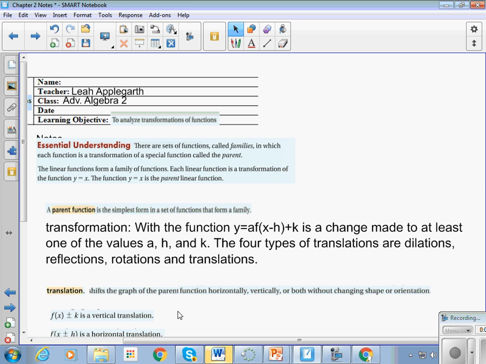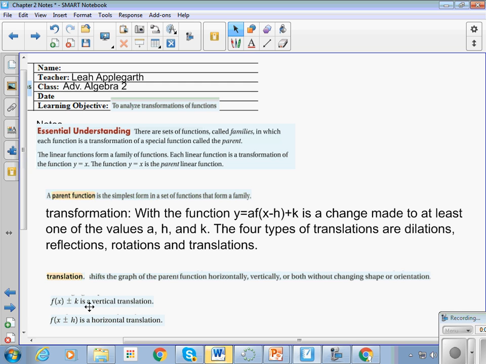A vertical translation takes your entire function and either adds or subtracts a k value.